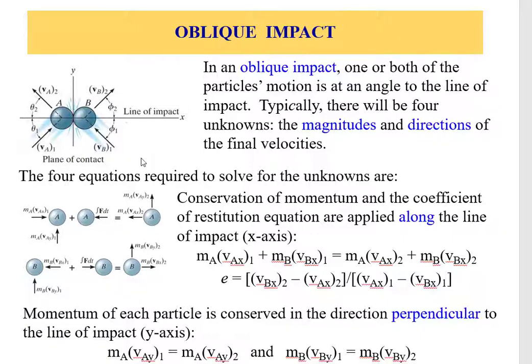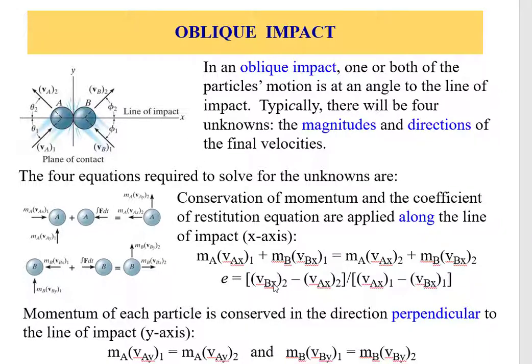That will give you the component of these vectors applied before and after, right? And that's one equation. So in this case, this is what we have. The second equation you will apply is from the coefficient of restitution, where you know the relative velocity of separation due to the line of impact velocities.